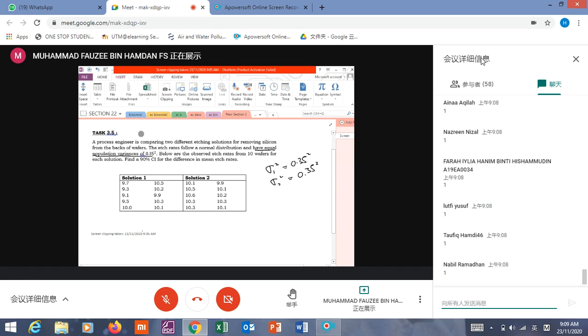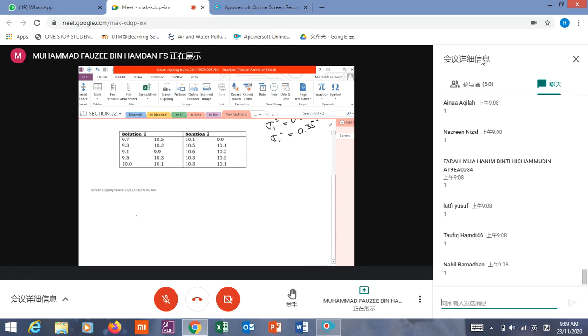Okay, so if you look at the formula for case number 1, now all of you already know how to determine which case. So this is the formula: x bar 1 minus x bar 2 minus mu 1 minus mu 2 over square root of sigma 1 squared over n1 plus sigma 2 squared over n2.